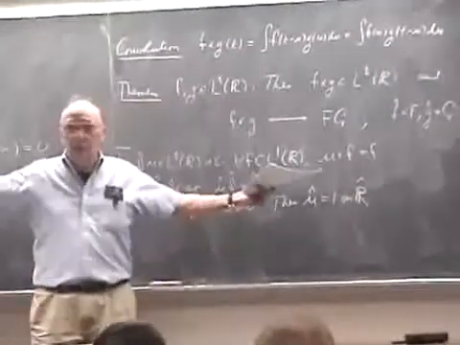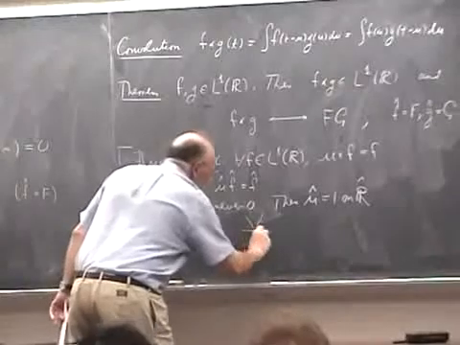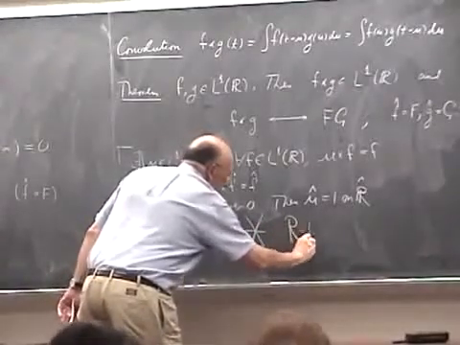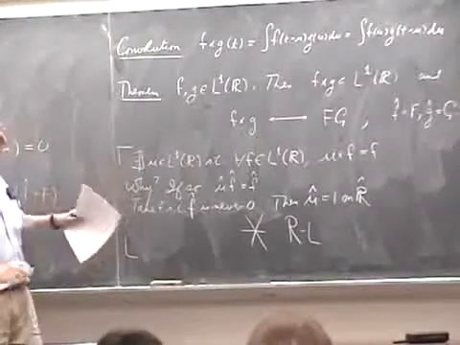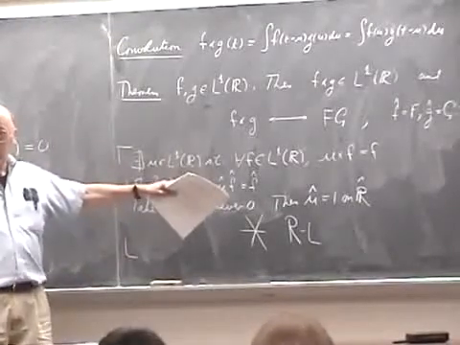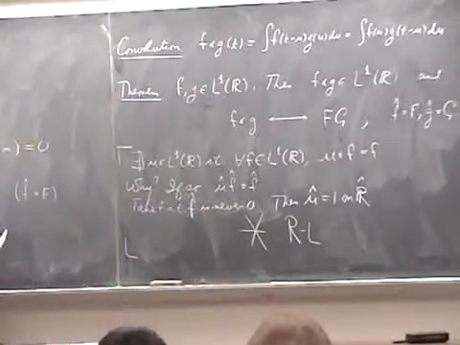That contradicts Riemann-Lebesgue. So this algebra, this ring L1, does not have a unit, I just proved it. So what you'd like desperately is to have a unit.